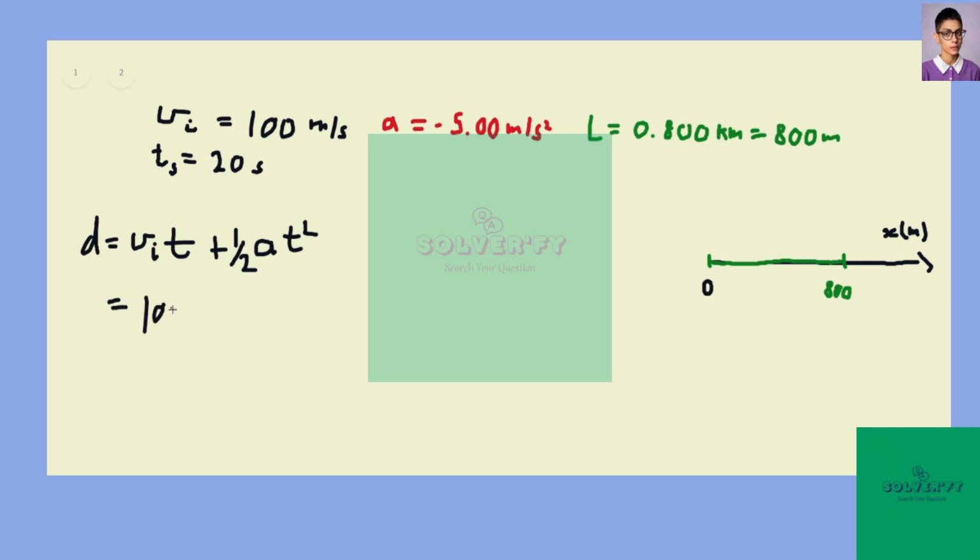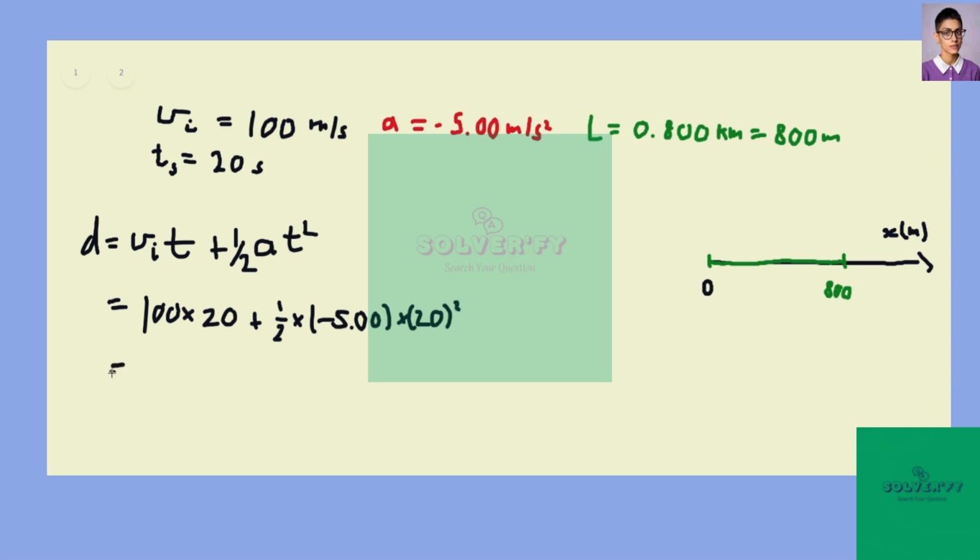So we have 100 times 20 plus 1 over 2 times, and now we're going to use minus 5 again because the plane is decelerating as opposed to accelerating, and then times 20 seconds squared.